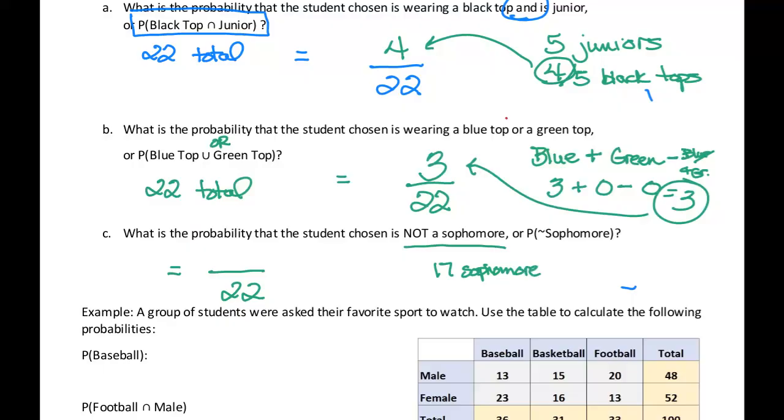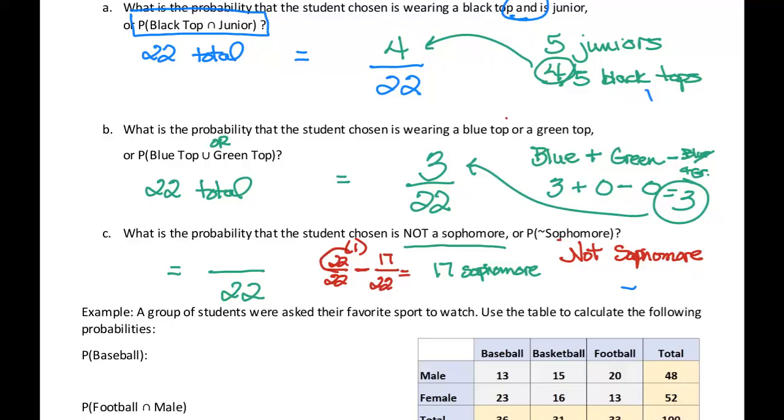That's not what we're looking for, though. We want who is not a sophomore. Okay? Well, if I had everybody in the whole class, that would be 22 out of 22. That would be one whole, right? So to get the not sophomores, I'm going to take away those that are sophomores, which is 17 out of 22.